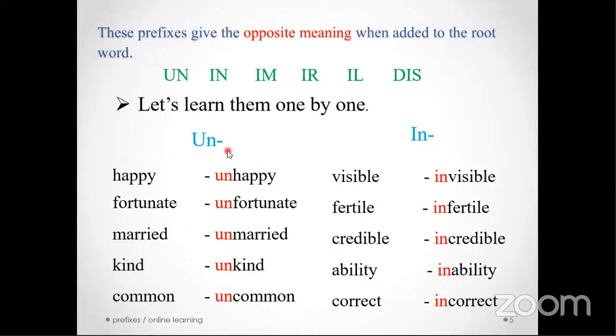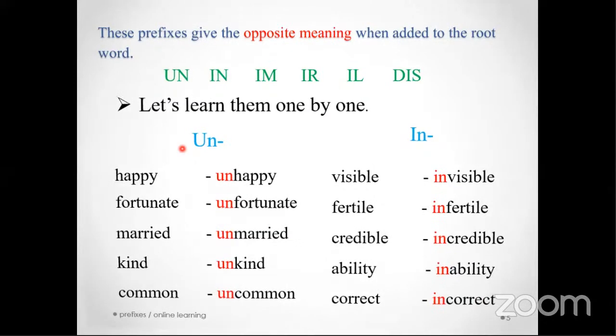Now you can see these two prefixes, an and in, gave the opposite meanings of these words. මේ වචනවලට එකතු වුණාම මේ prefixes දෙක මුලට අපිට දුන්නේ විරුද්ධ අර්ථය, විරුද්ධ තේරුම, opposite meaning.